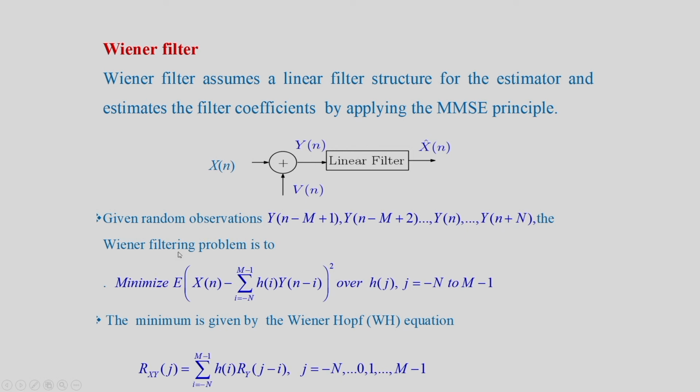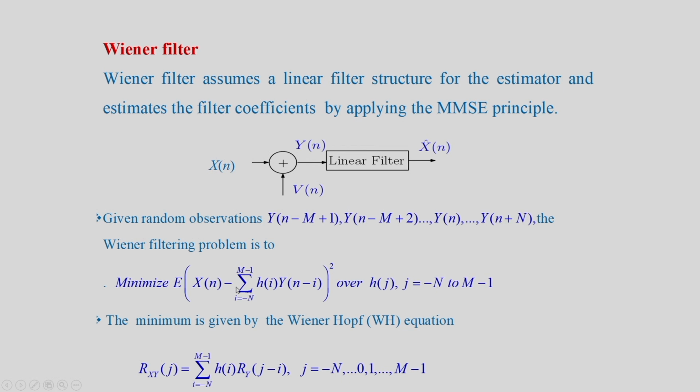Our minimization problem will now be: minimize E of (xn minus this filter output, that is summation hi into yn minus i, where yn is the input signal, i going from minus N to M minus 1) whole square. This we have to minimize over hj, j going from minus N to M minus 1.